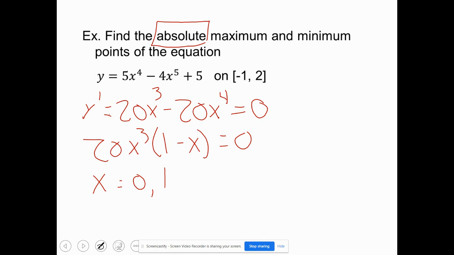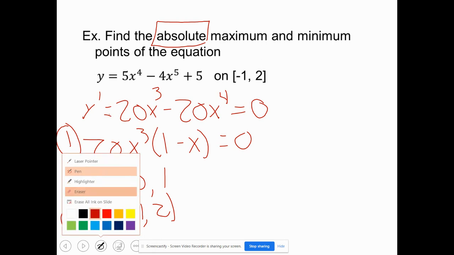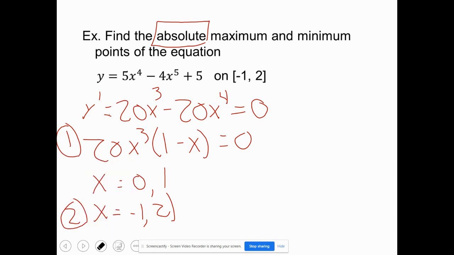That's our first step. Second step is make sure you know the endpoints. The endpoints are -1 and 2. Third step is to plug these all into the original equation.